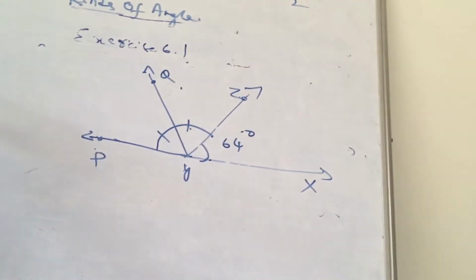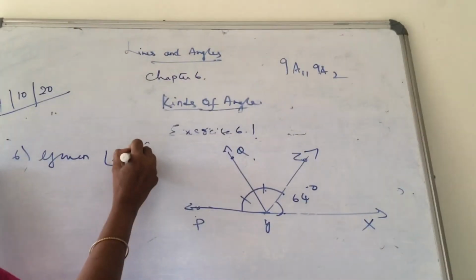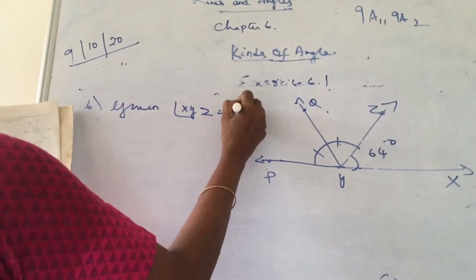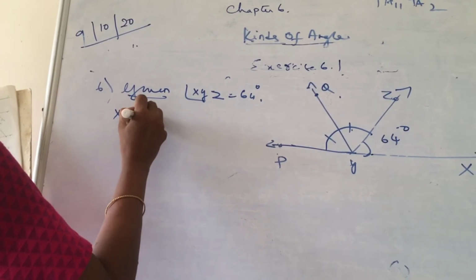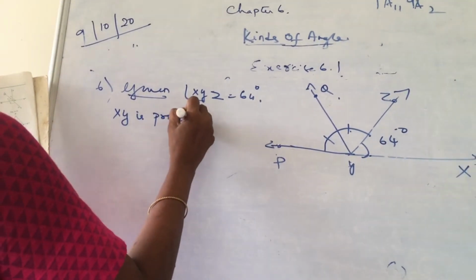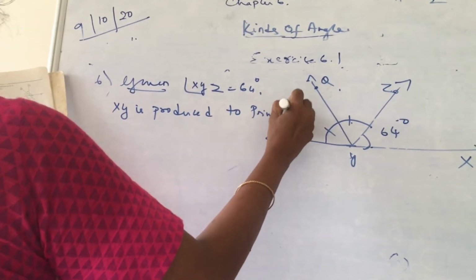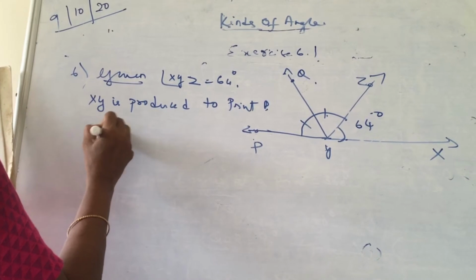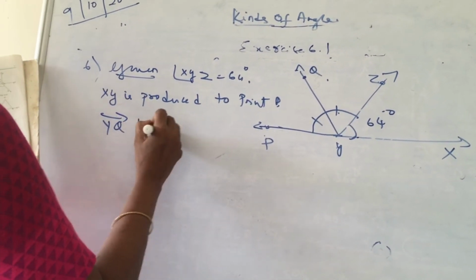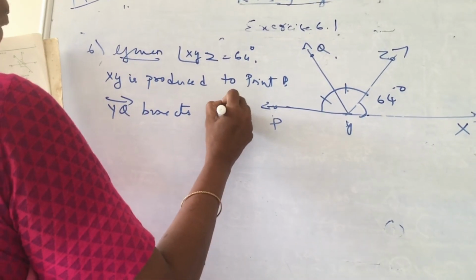First one, what is given? Angle XYZ is equal to how much? 64 degrees. XY is produced to point P. Yes, ray YQ bisects angle ZYP.